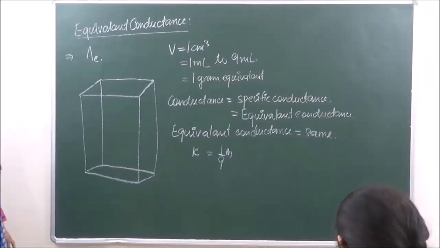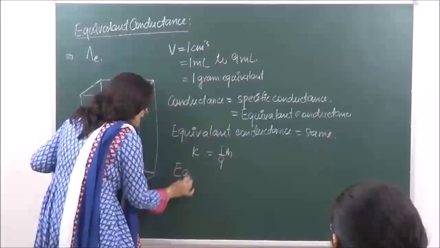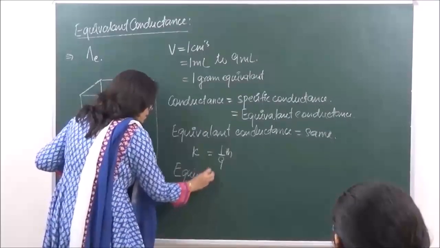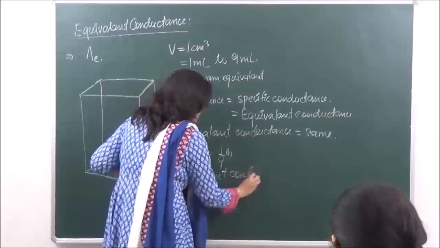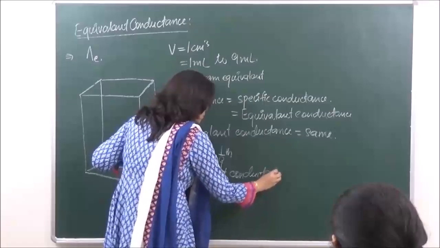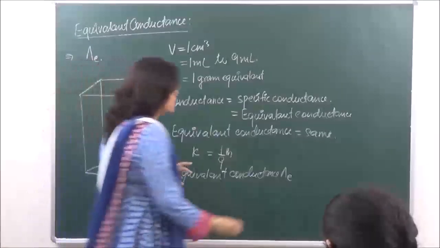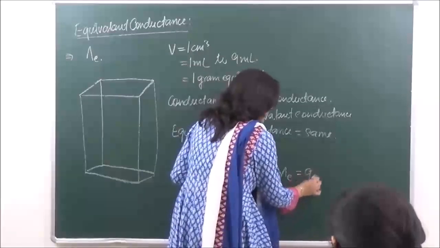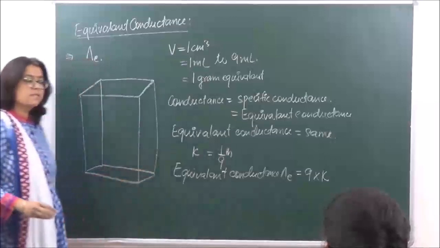Clear? Now the equivalent conductance, lambda E, becomes 9 into kappa, 9 times the specific conductance.